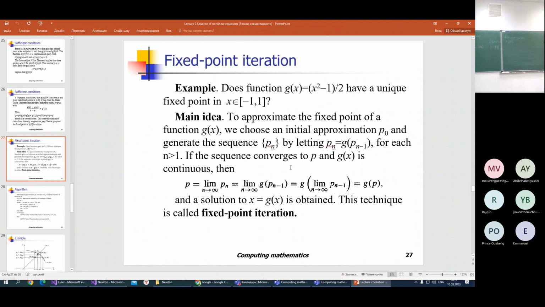And I ask you to compute x1 and x2. So the task is to apply the fixed point iteration method and compute x1 and x2. Please do it now, and after that tell me your solutions.